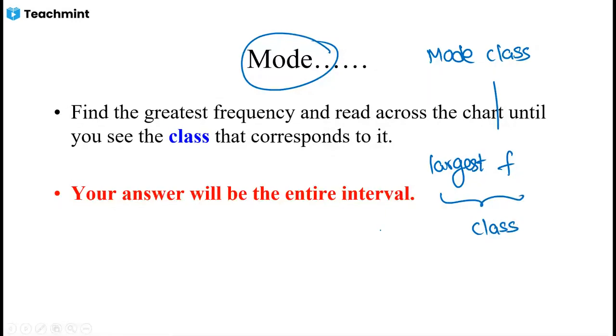That entire class or interval is nothing but the mode class. It's not mode now, it's mode class. Median class is there, mode class is there. How to decide the mode class? It is the one having the largest frequency among the data, right?